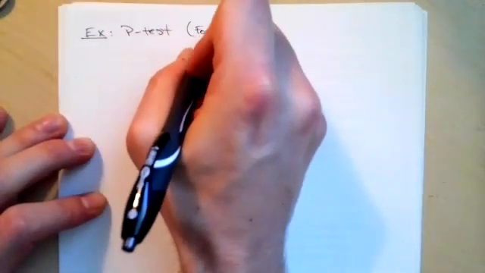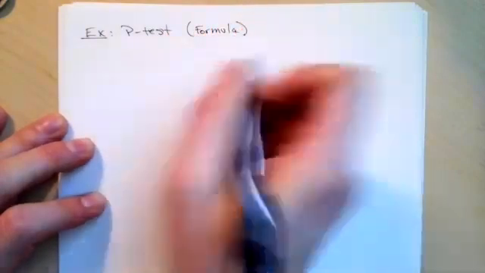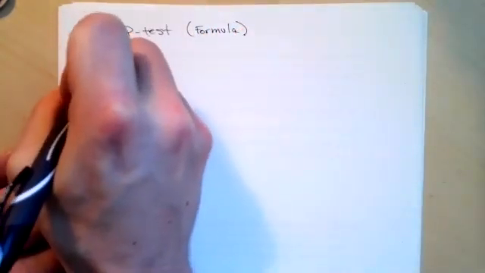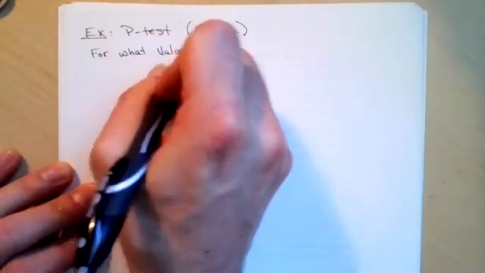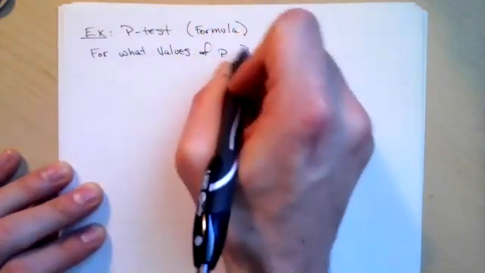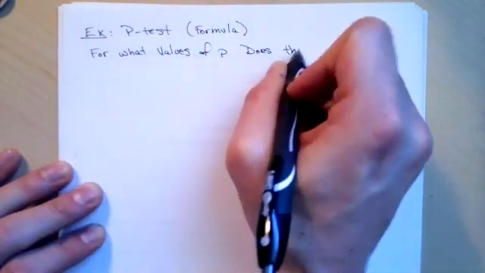So the first thing we're going to explore, since we saw 1 over x diverged and 1 over x squared converged, is our p-test formula. We want to know for what values of p the integral converges.